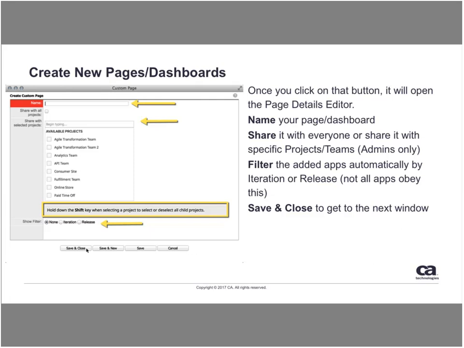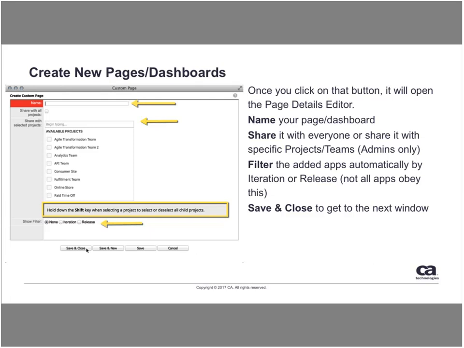And then at the bottom, there is the option on the dashboard page to either filter the entire page by iteration or release. Now, I will say that some of the apps in the app catalog do not honor that filter. Typically, it's the ones that already have their own time box filter selector built into the app. But for those that do not, they typically will honor the page filter.